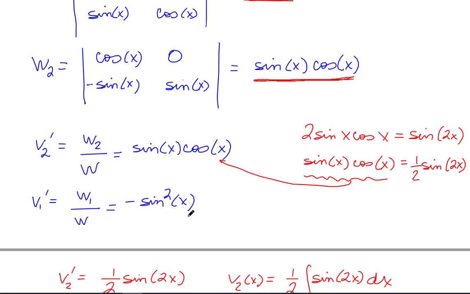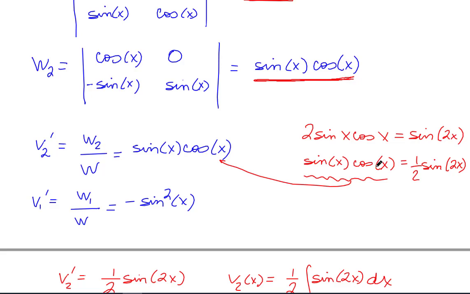To find v1 and v2, we simply need to integrate. Now that sounds simple enough, but there are a lot of tricks involved. First off, sine x cosine x. If you remember your trig and your double angles, we recall sine of 2x is 2 sine x cosine x.